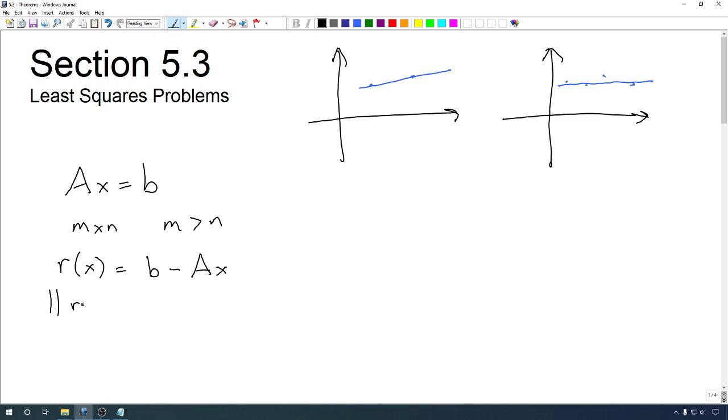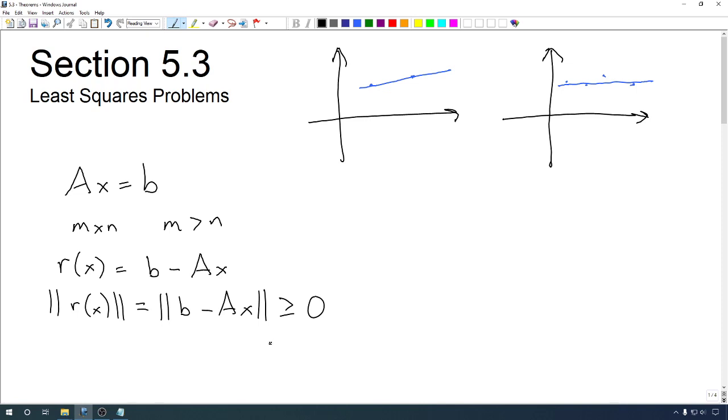We'll go ahead and take the magnitude of this thing. So this is the magnitude of the difference between b and Ax. As a magnitude, this is always at least 0. It's always 0 or bigger.